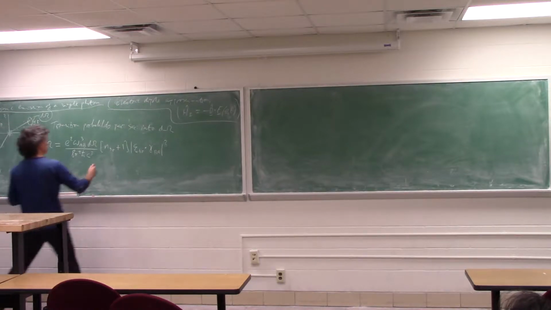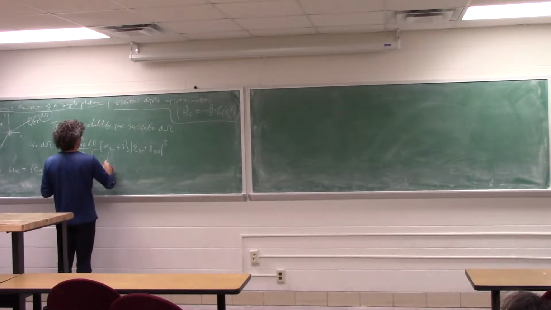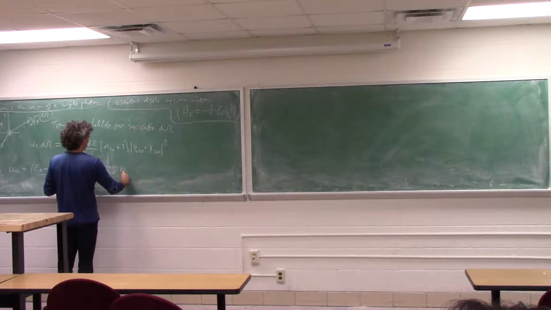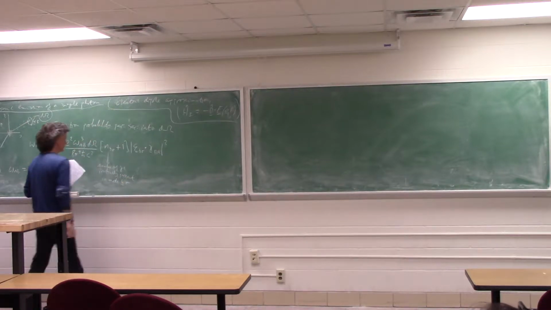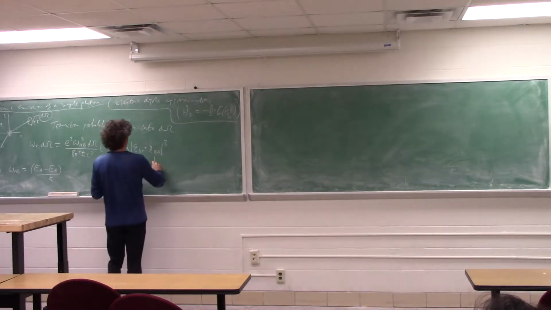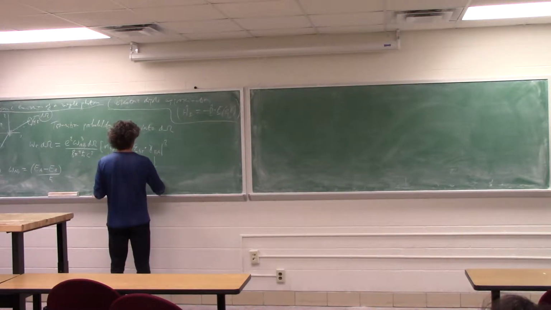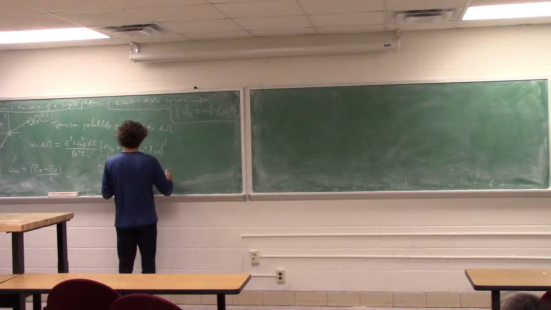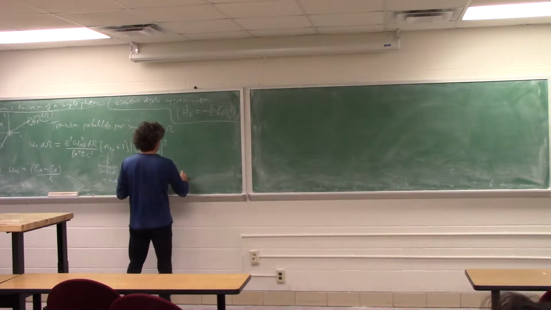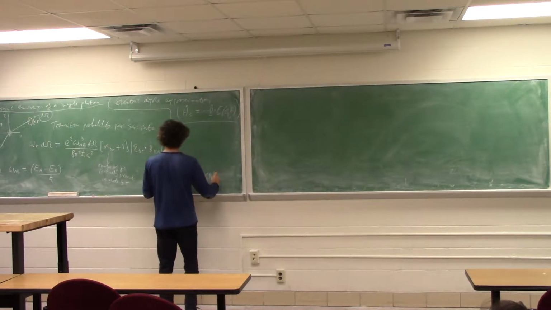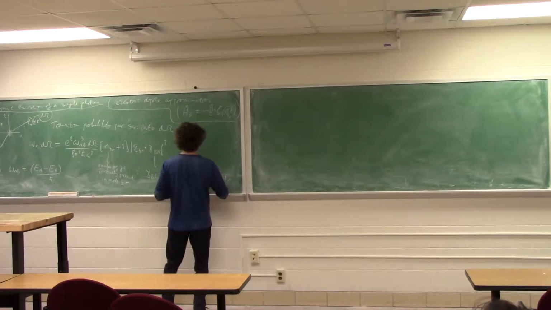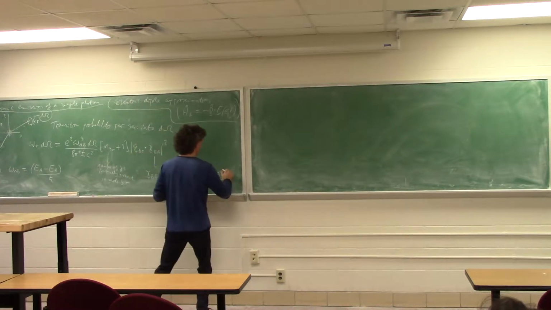And this is the number of photons initially present in the mode kR. x_BA is equal to the matrix element between the two atomic states of this quantity X, which is just the sum of the position operators of the atomic electrons.